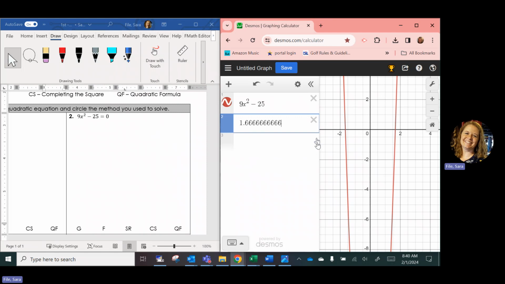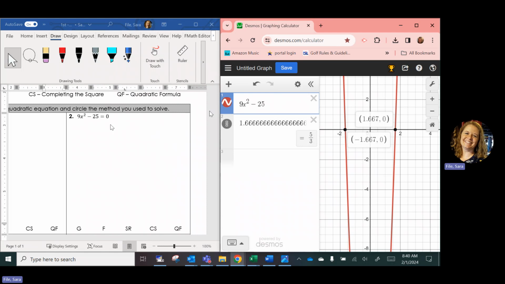And now it's not even showing me anything. And then eventually I get all the way to the end and it does show me, oh, it's 1.6 repeating. That's 5/3. Okay, so technically, if you understand that, if it's a repeating decimal, it will convert it for you. So the answer here should be positive 5/3 and negative 5/3. Now, the majority of y'all probably didn't realize you could do that in your calculator.